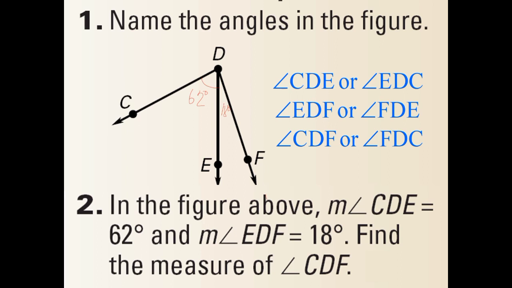So we're going to add them: 62 plus 18 to get the value of CDF. So we have here 80 degrees. The measure of angle CDF is equal to 80 degrees.